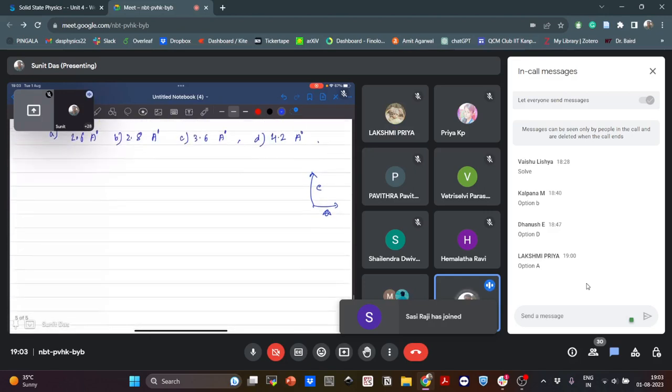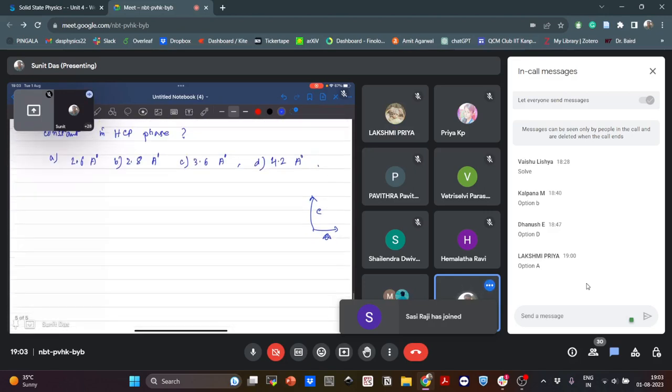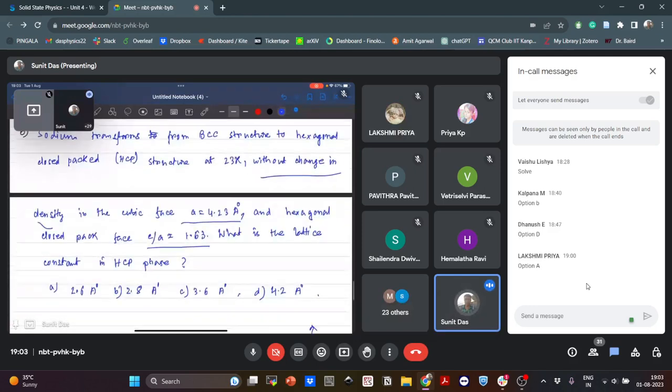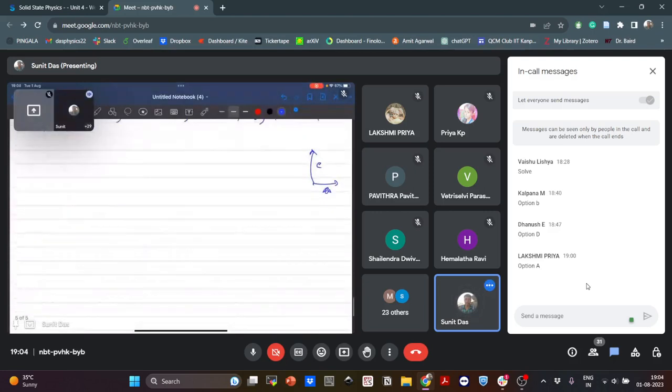So the density remains the same, and the sodium itself transforms from BCC to HCP. So the mass remains the same here, because the same amount of mass is transforming to another phase. So mass is basically volume into density.